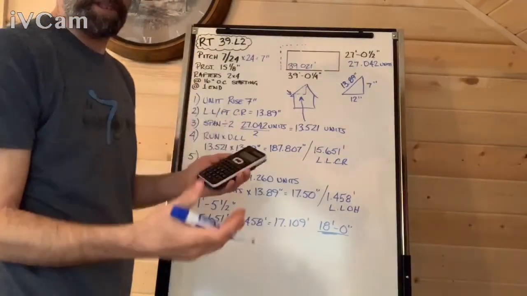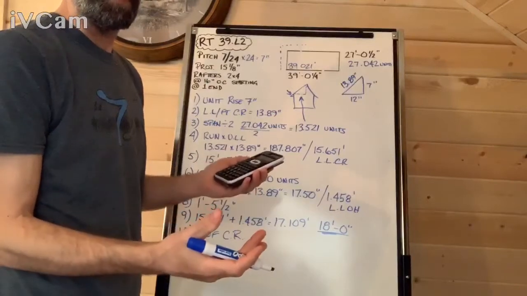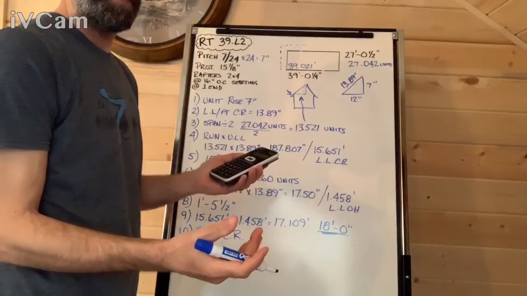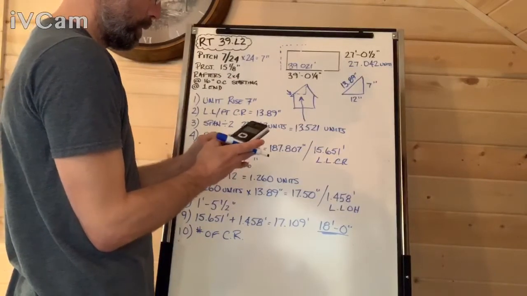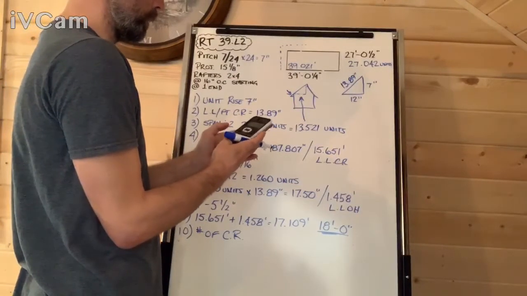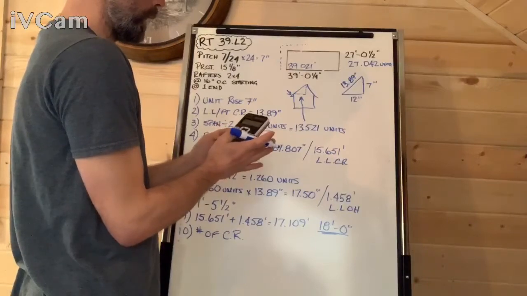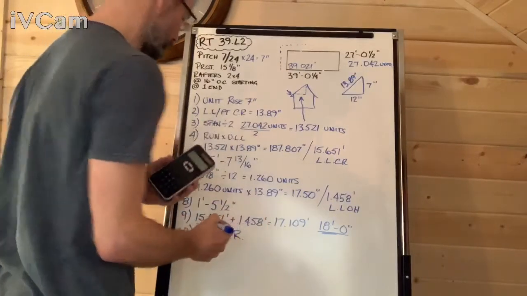I can change it over to inches and then divide by 16 inch on center, or I can just multiply that by 0.75, which is the equivalent of doing the previous, to give me 29.265 spaces.